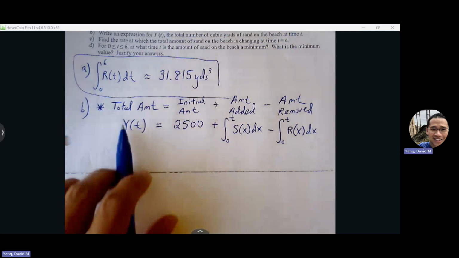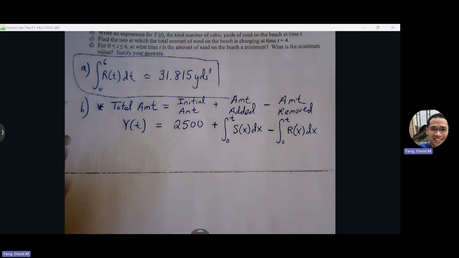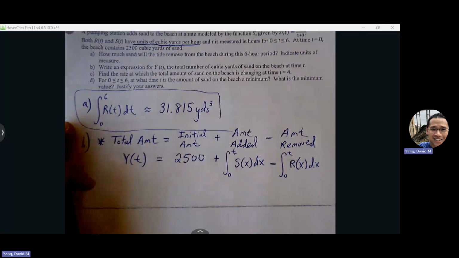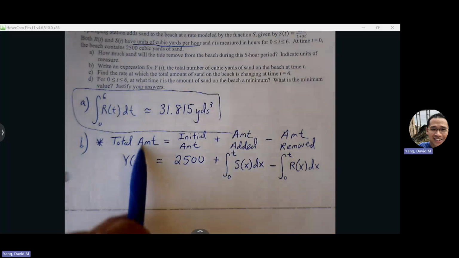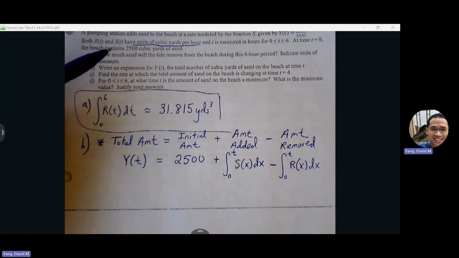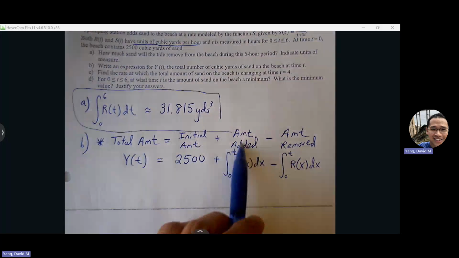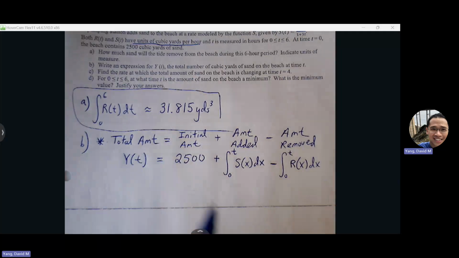So part B is just creating this equation that we're going to use in future parts of the problem. Okay. Any questions with that setup? Okay, so this is a very common type of setup for these rate in, rate out problems. This can show up again in future integral accumulation problems.